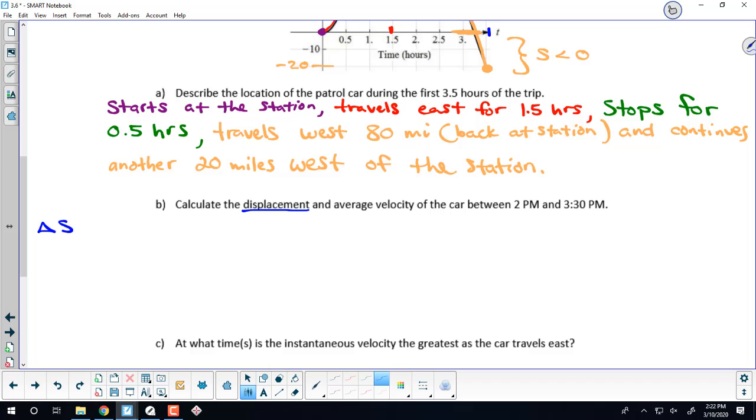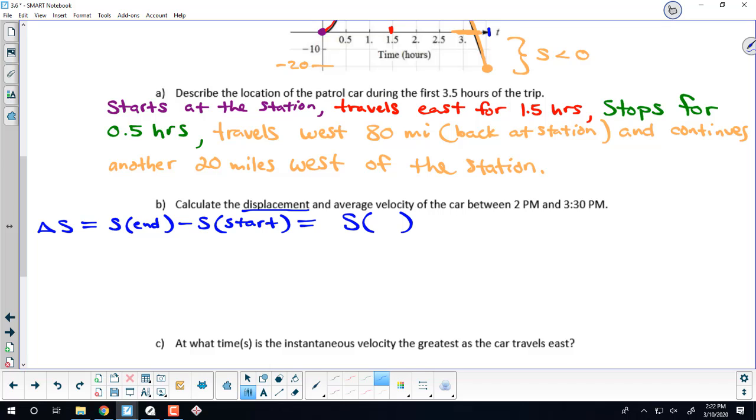So it's the position at the end minus the position at the start, which is, for us, the position at 3:30.